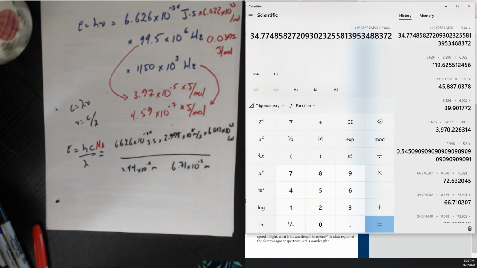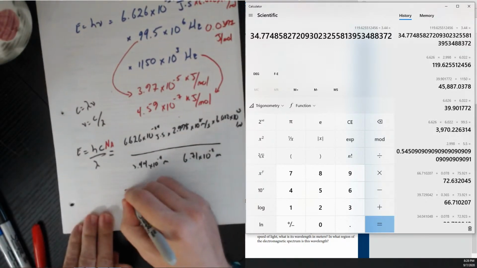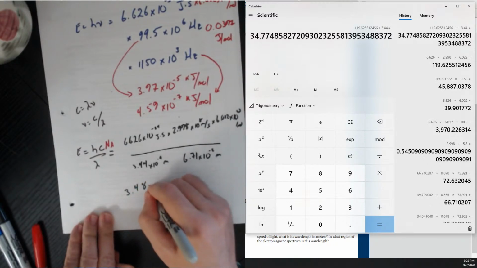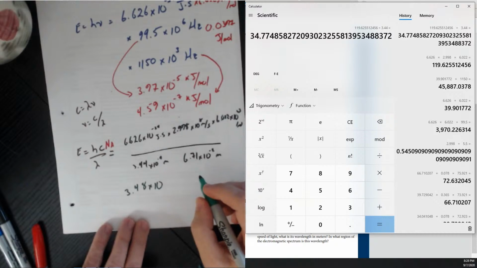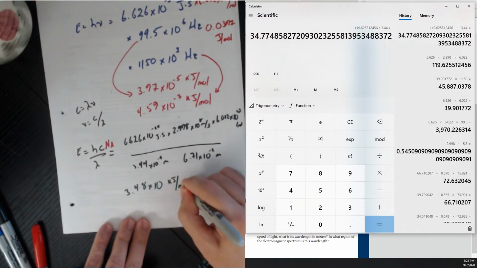Okay, so here on the left, it's going to be 3.48 times 10 to the what? Oh, wait, no. Okay, so it's going to be kilojoules per mole.